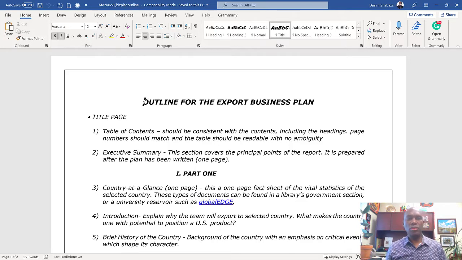Table of contents is also done at the end, and you want to make sure that you learn how to generate a table of contents in any document that you do that's of significant length. You can watch a YouTube video on it, but it takes looking at what it is that you want in your table of contents, the different levels, because you have different heading levels.